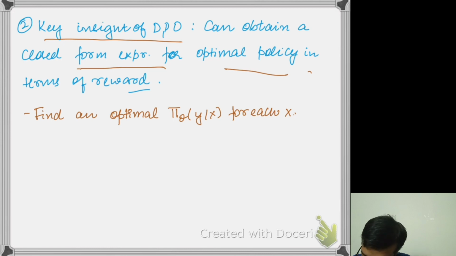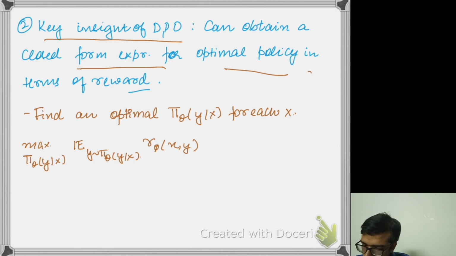So for a given input x, we are trying to maximize over the set of policies pi theta of y given x the expectation of y sampled from pi theta of y given x of r phi of x, y minus beta times the KL divergence between pi theta of y given x and pi ref of y given x.